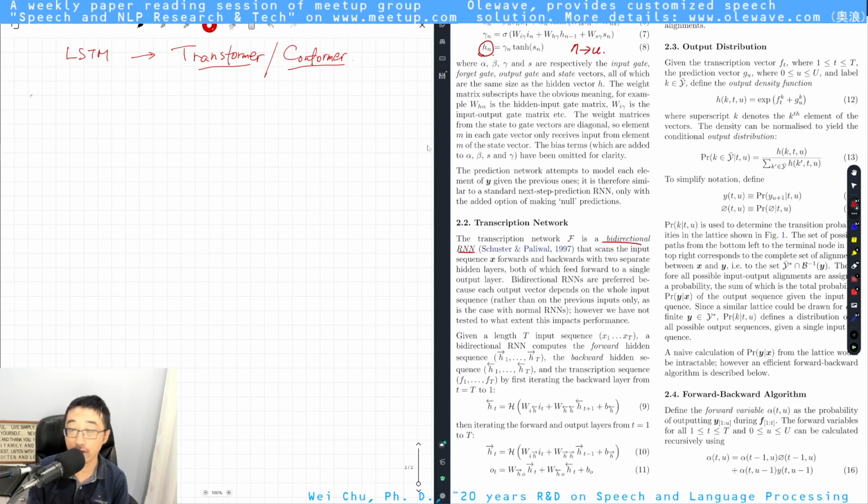And then you can see how this works. First you have the backward sequence. How does he obtain the backward sequence? Let me use this symbol to represent the backward sequence.